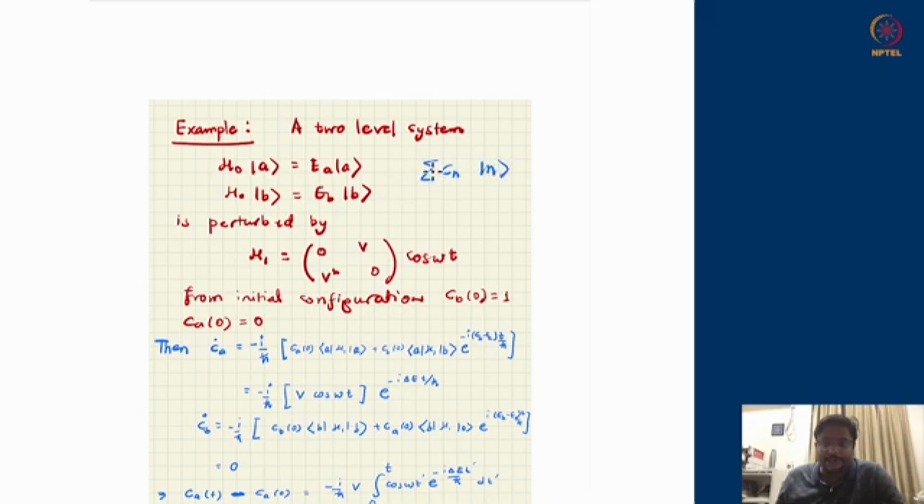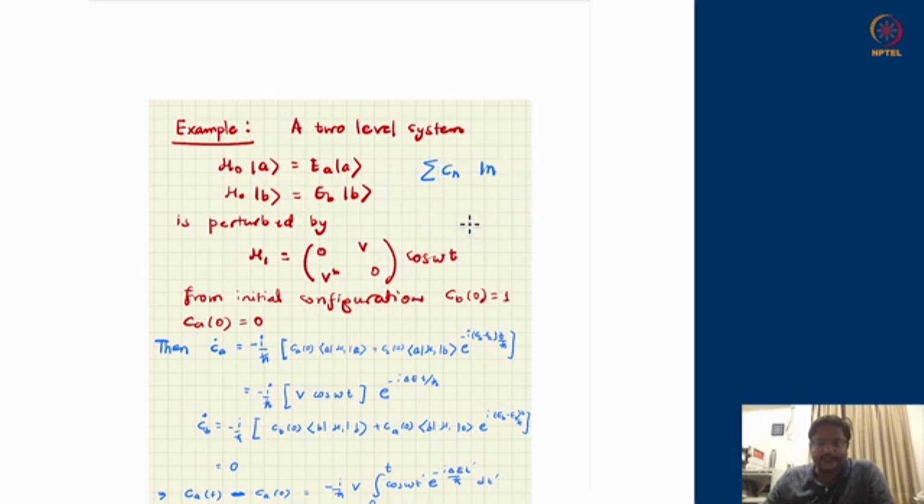Typically we decompose any state like this, and in time-dependent perturbation theory, these coefficients become time dependent, so that after evolution in time they become Cn of t times e to the power minus iota En t upon h bar, and state n. So there is an explicit time dependence these Cn's are supposed to come up with in time-dependent perturbation theory.